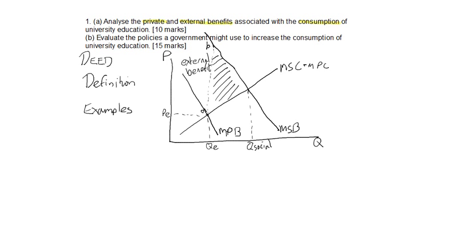So for example, some examples of private benefits would be things like getting a better job, but you needed to analyze this. You need to explain why getting a better job is a private benefit. Well, it's a benefit because if you get a better job, you're probably going to have increased wages.